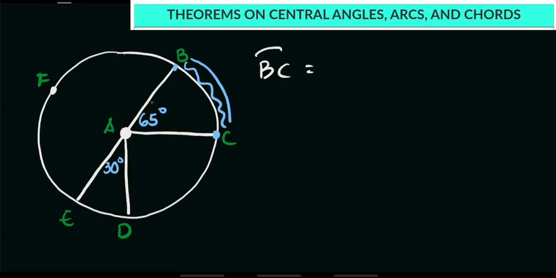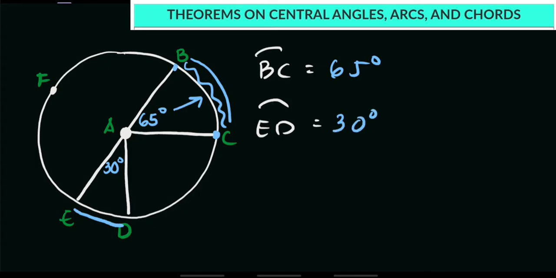That means if BAC is 65, arc BC is equal to 65 degrees. Same with arc ED: since the corresponding central angle is 30 degrees, the measurement of this minor arc ED is also 30 degrees.